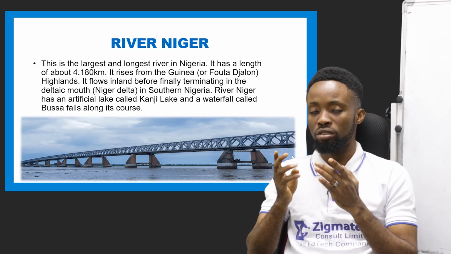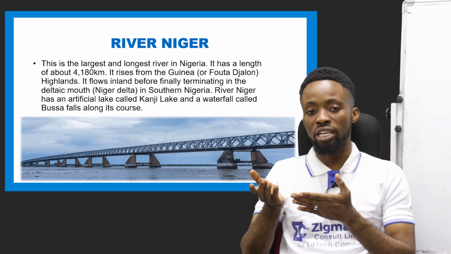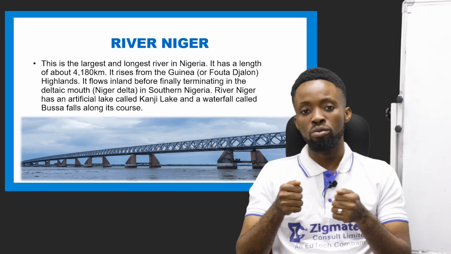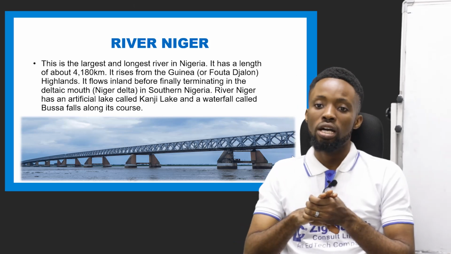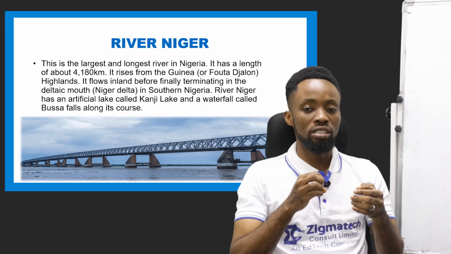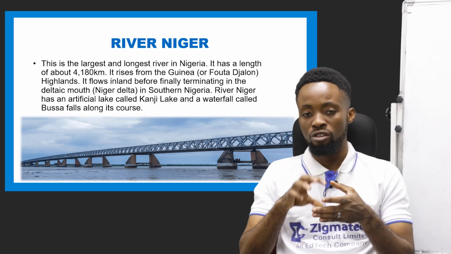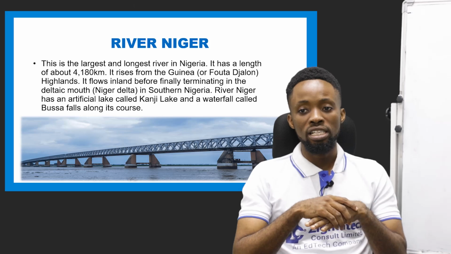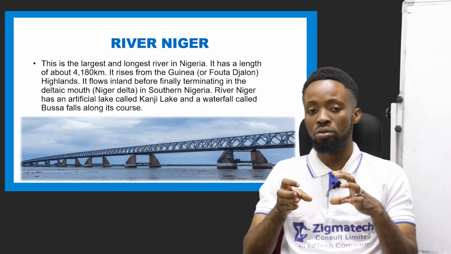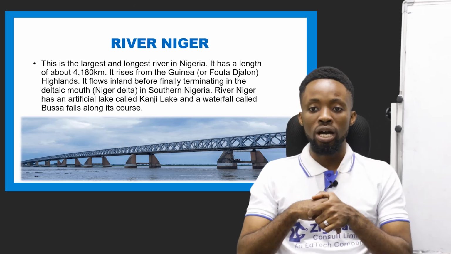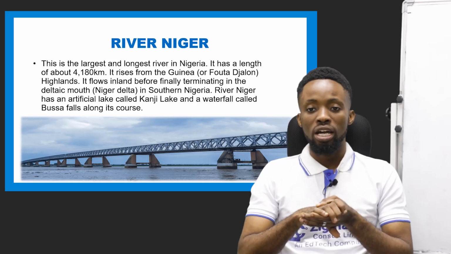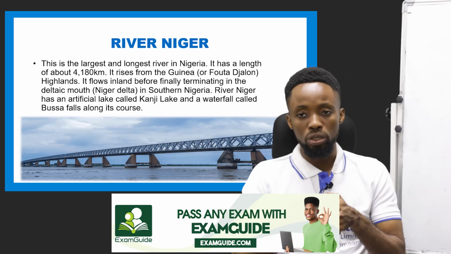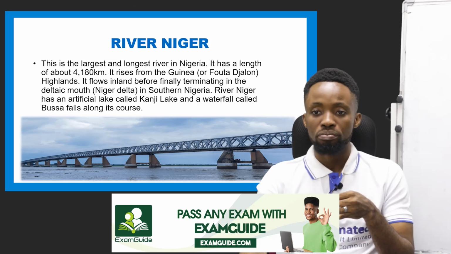And the River Niger is actually linked to the other river, which is River Benue, making a confluence at Kogi State. The lake that is commonly found in River Niger is called the Kainji Lake, and the Kainji Lake is seen along New Busa, and we also have the Busa Falls around that location in Niger.